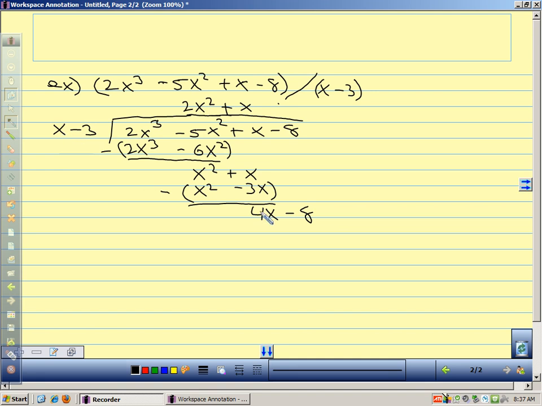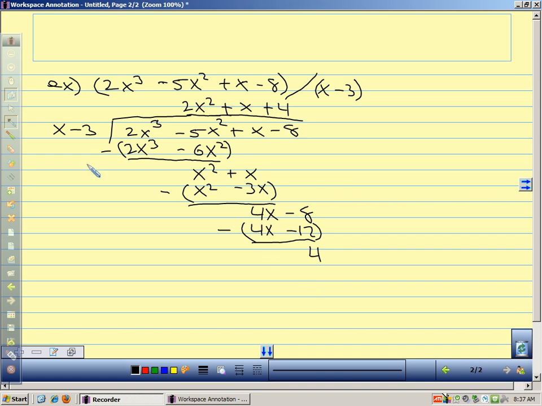What do I have to multiply x by to get 4x? 4. So I write the 4 up here. Multiply. Negative 3 times 4 is negative 12, and 4 times x is 4x. And I'm subtracting. 4x minus 4x is 0, and 8 minus negative 12? 4.